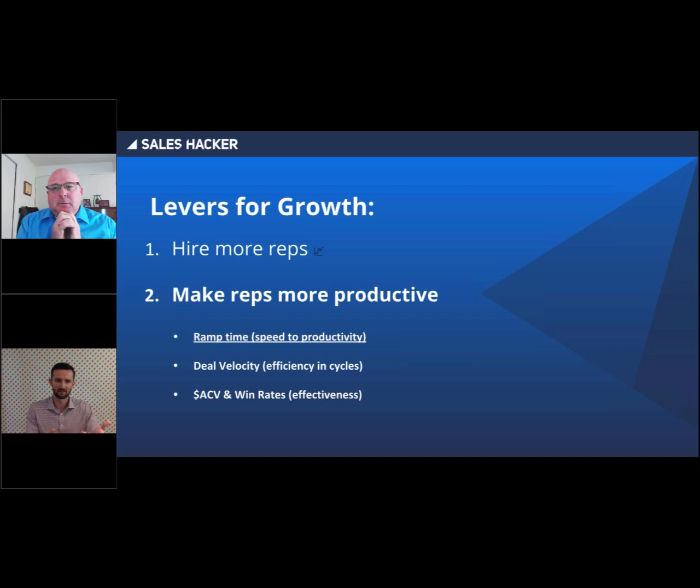The reason the first point, speed to productivity, is so important is that it has a cascading effect: deals become faster, and reps are more efficient and more effective if you nail the first two months on the job. That's why we're zooming in on this, breaking it down, and talking about a couple of ways you can make reps more productive by decreasing ramp time.